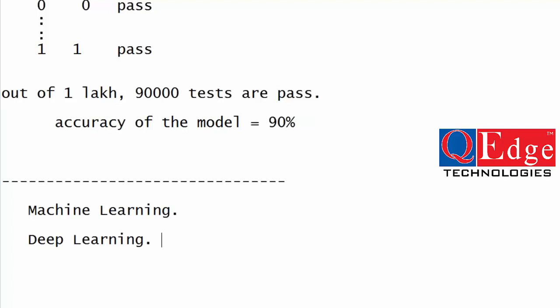But when to use machine learning and when to use deep learning, we need to have some idea. Before deep learning, you might have heard the word neural networks. Deep learning is simply an extension and modified behavior of neural networks. That means we can say it is an advanced version of neural networks.